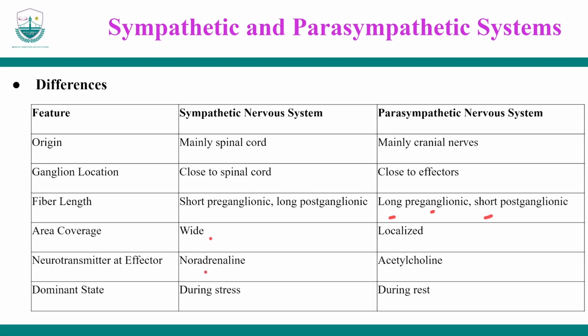Noradrenaline is the neurotransmitter, the effector in the sympathetic nervous system, whereas acetylcholine is the neurotransmitter for the parasympathetic nervous system. The sympathetic nervous system is activated under stress, whereas the parasympathetic is dominant during rest.